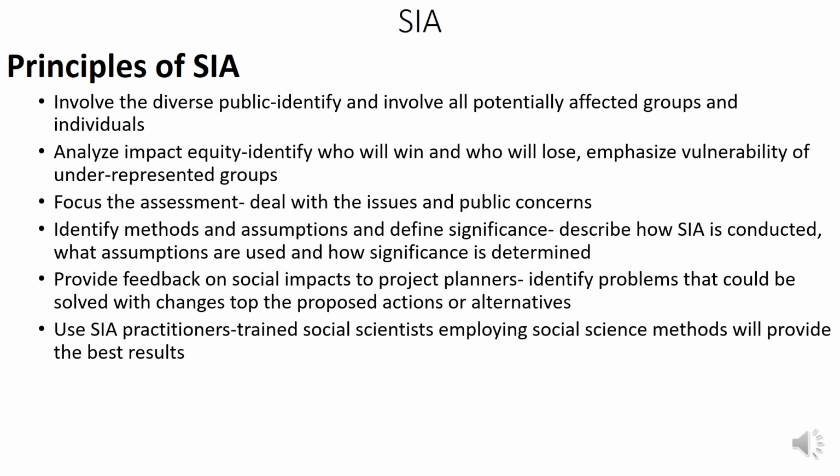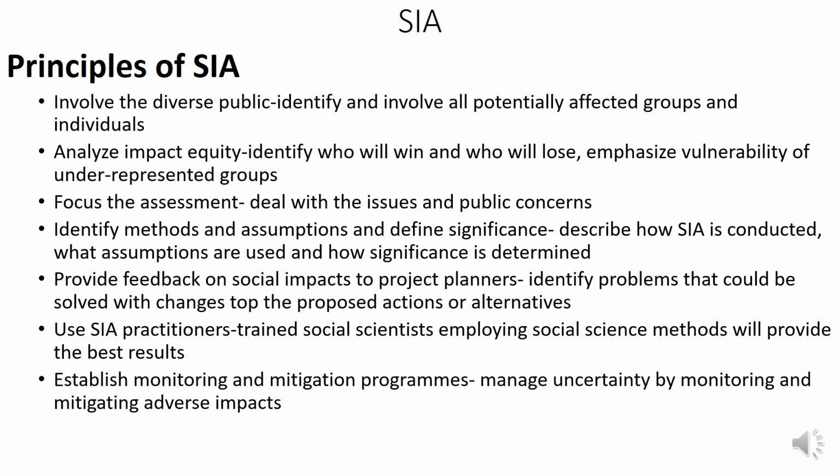Again, the other principle is the use of social impact practitioners. Normally, you need to have trained social scientists that are employed for social science that may apply social science knowledge and methods to deal with aspects of the community that are being affected.